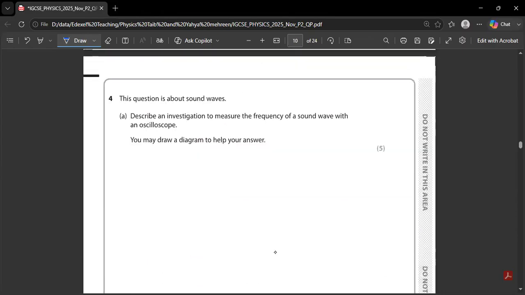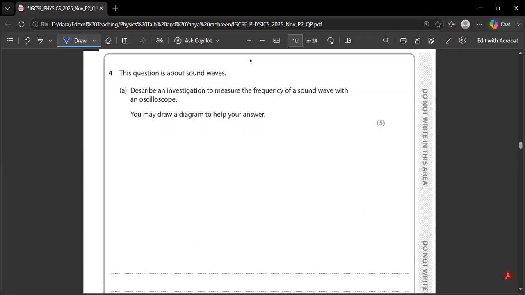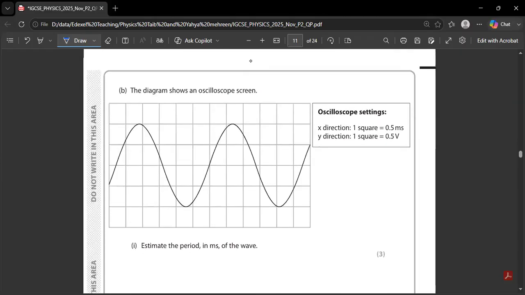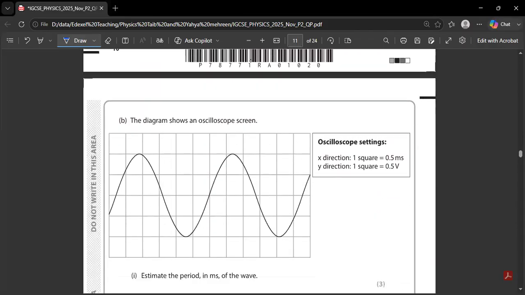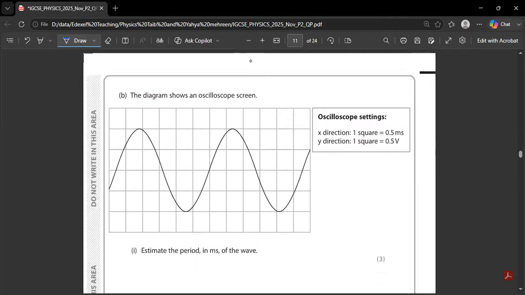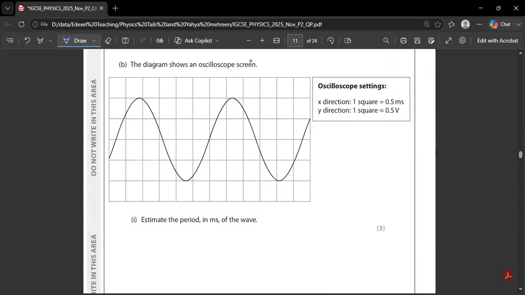This question is about sound waves. Are sound waves coming? No. Okay. Did you find this question last year in your paper, in the assessment I gave?